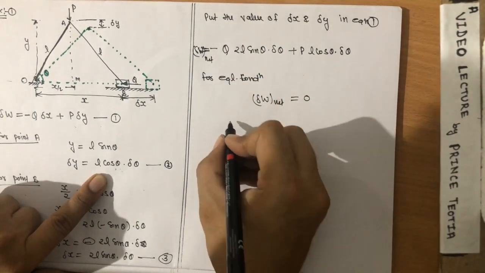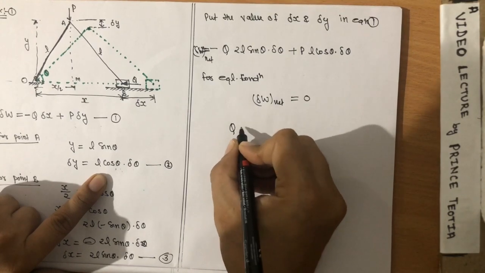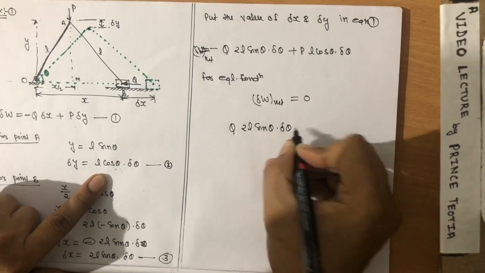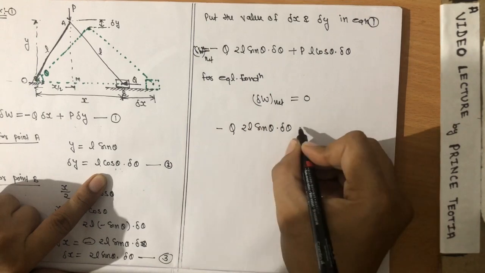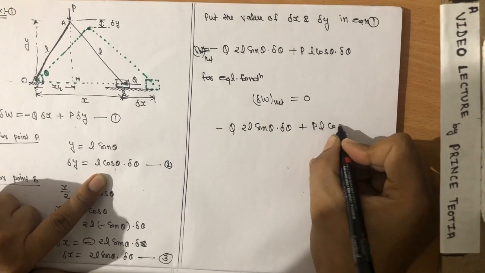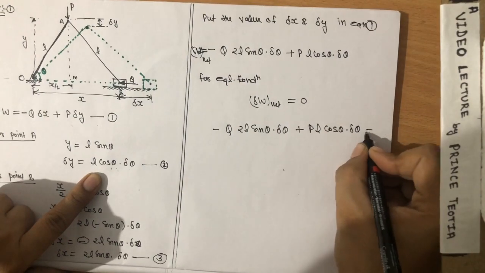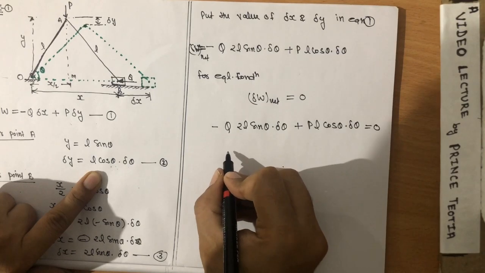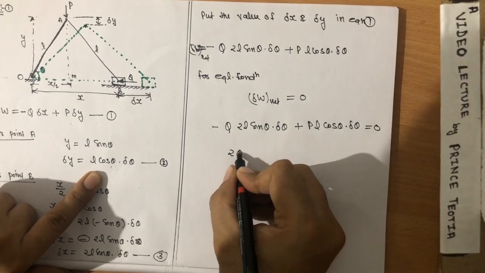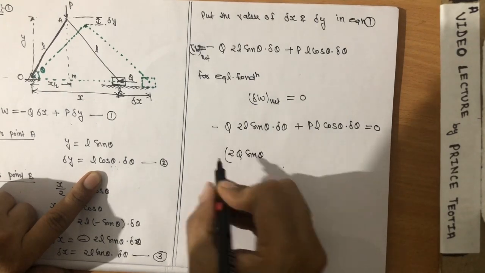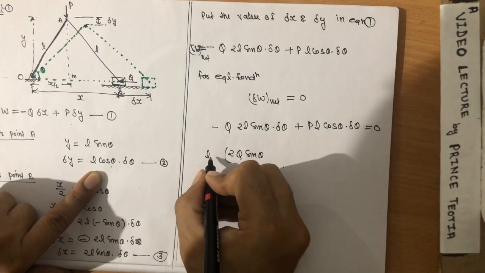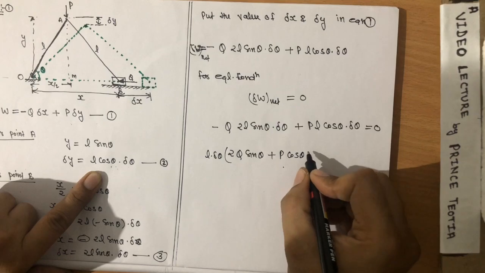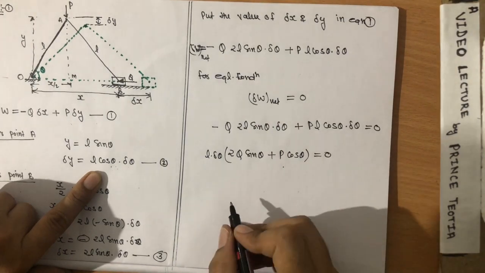So minus q 2L sin theta into delta theta plus pL cos theta into delta theta equals 0. So the equation will be: L into delta theta will be common, minus 2q sin theta plus p cos theta equals to 0.